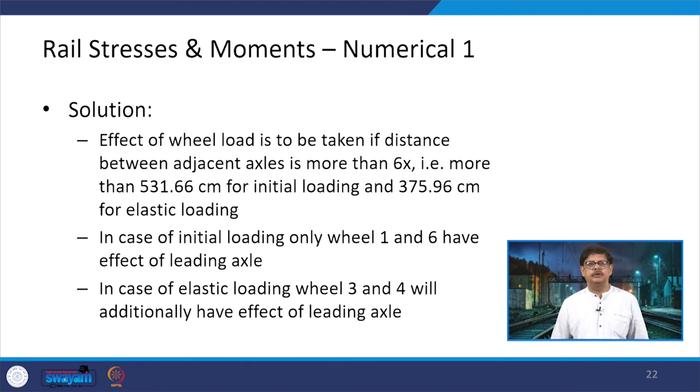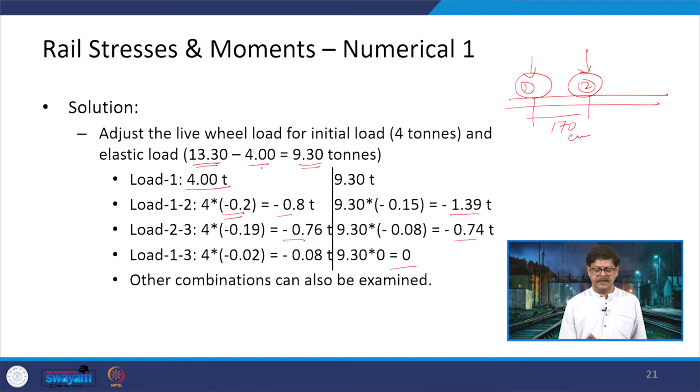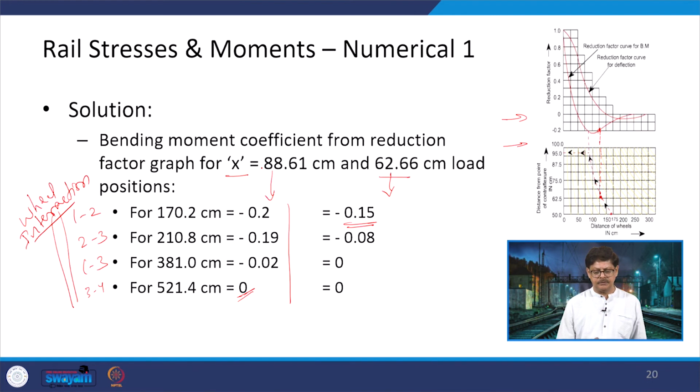Now, the effect of wheel load is to be taken if the distance between the adjacent axles is more than 6x. So, x we have calculated, here this is 88.61 and this is 62.66. These are the two values. So, 6 times of this. If we take 6 times, this is roughly 90, so around 540, and in this case it is 60, so it is a bit more than 360.